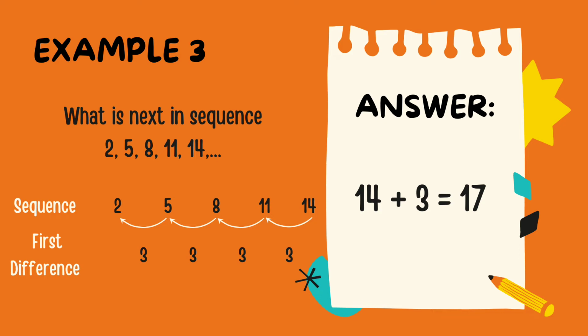In this case, the first differences are all the same. Thus, if we use the above difference table to predict the next number in the sequence, we predict that 14 plus 3 equals 17 is the next term of the sequence. This prediction might be wrong, however, the pattern shown by the first differences seems to indicate that each successive term is 3 larger than the preceding term.